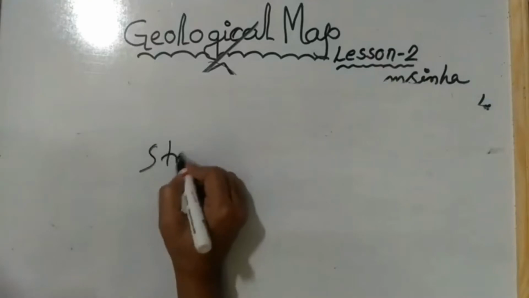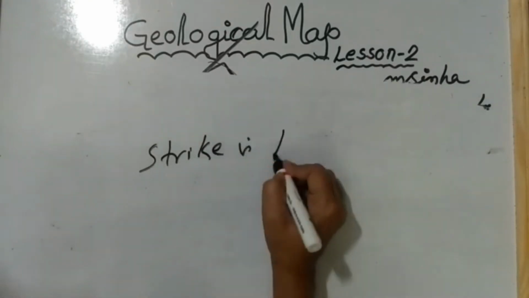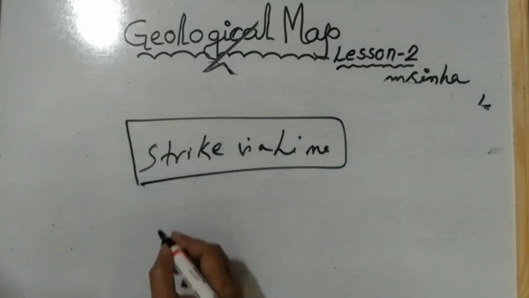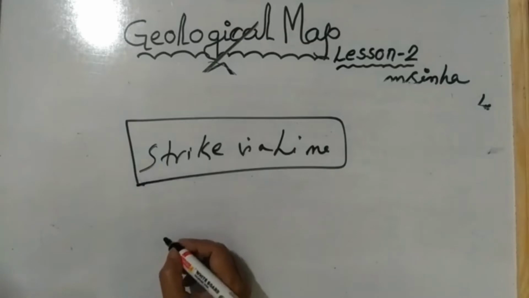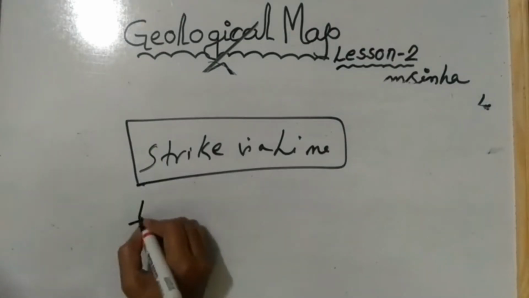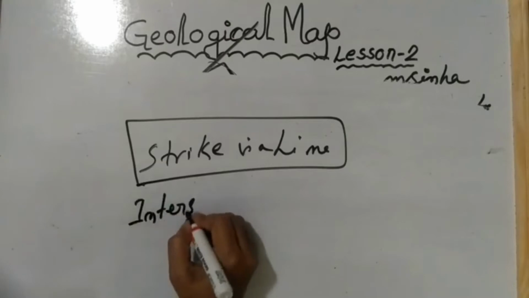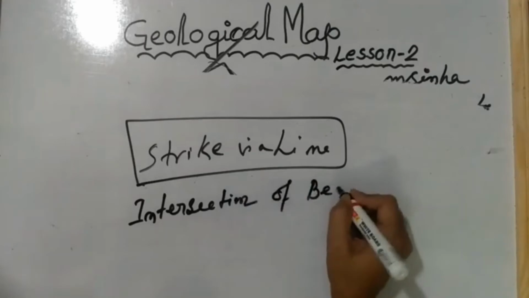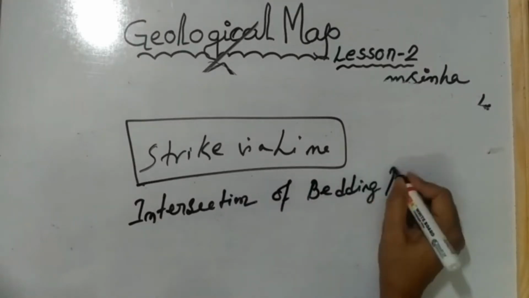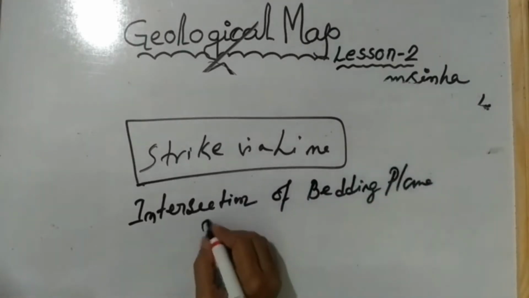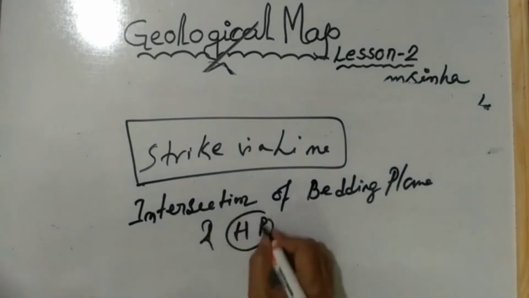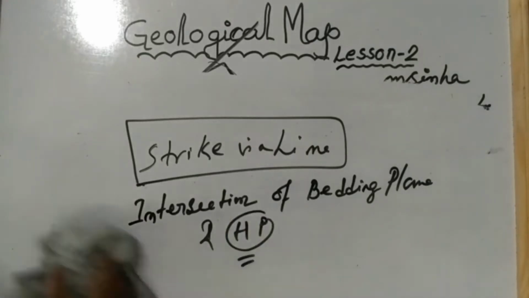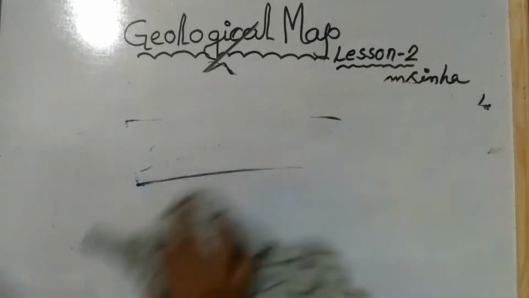Strike is a straight line, and you have to identify the strike line after identifying the intersecting zone of the bedding plane and the horizontal plane.